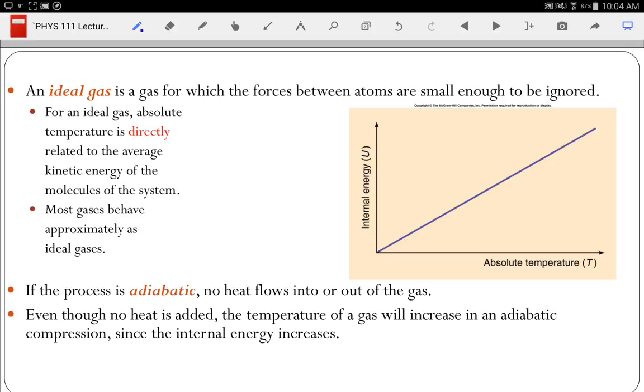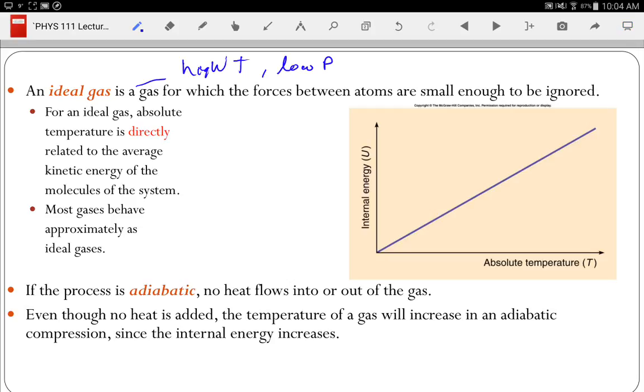So basically, for something to behave ideally, we say high temperature and low pressure. High temperature is a relative term. How do I define high temperature? If it's well above the boiling temperature, that's high temperature.